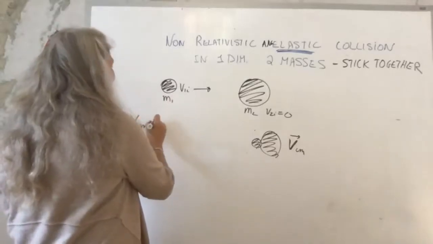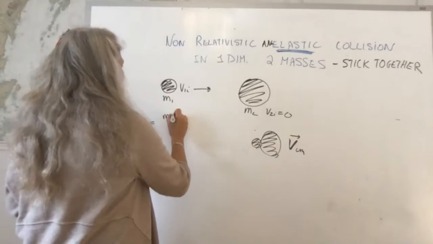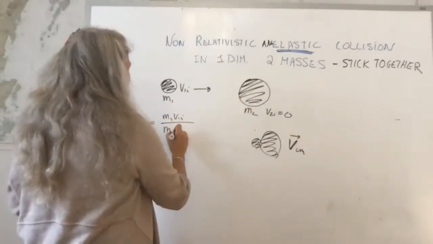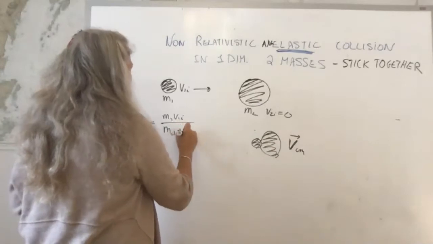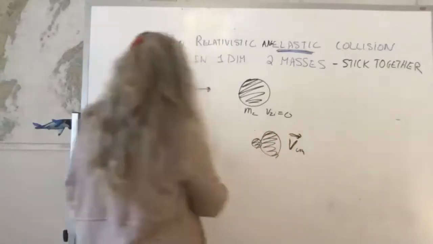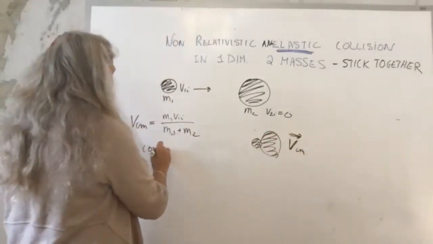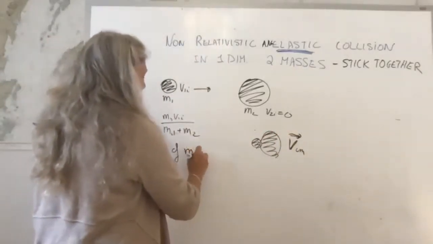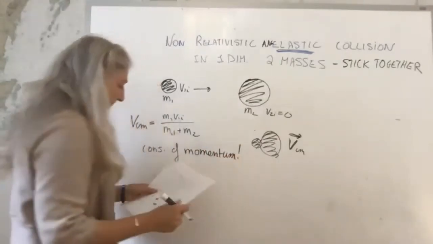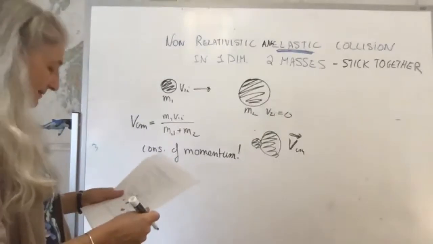So VCM is M1V1I plus 0, because this one is stationary, over the sum of masses, M1 plus M2. And that's it. This follows from conservation of momentum.